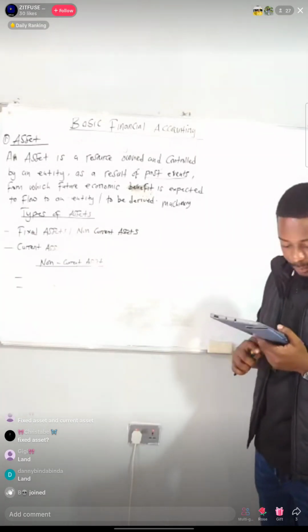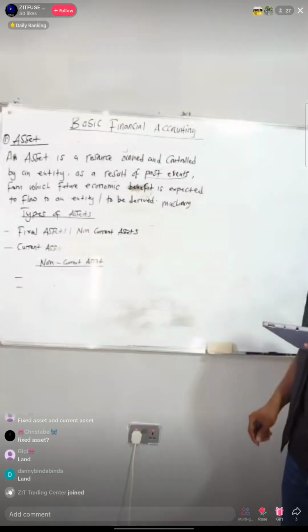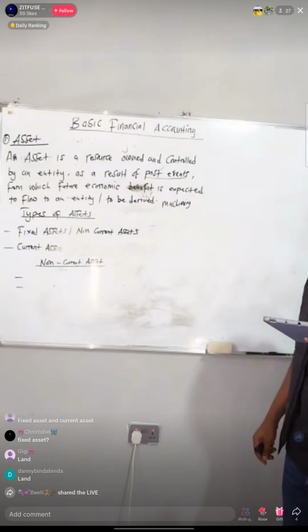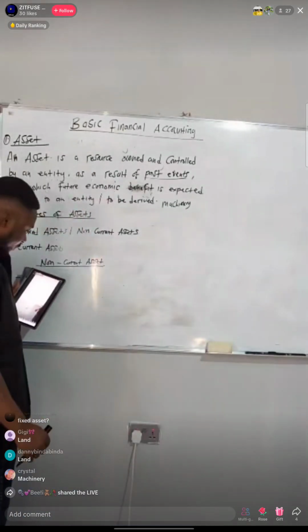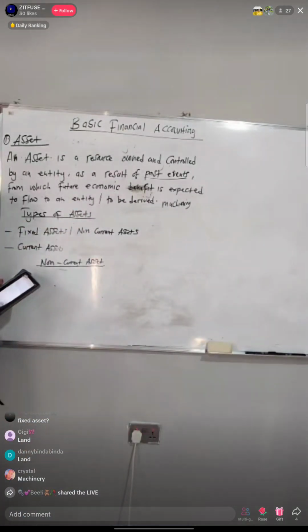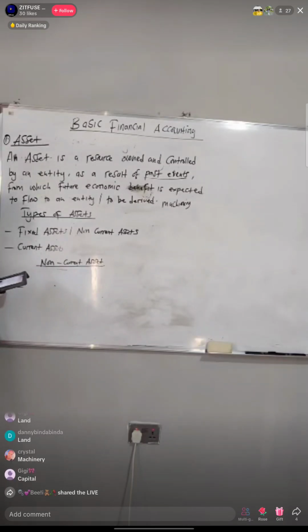So I can see lands. Three people saying the same thing, lands, okay. What else aside from land? What do you consider to be an asset aside from land?